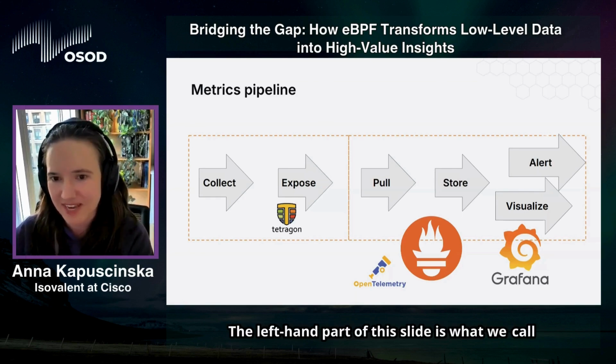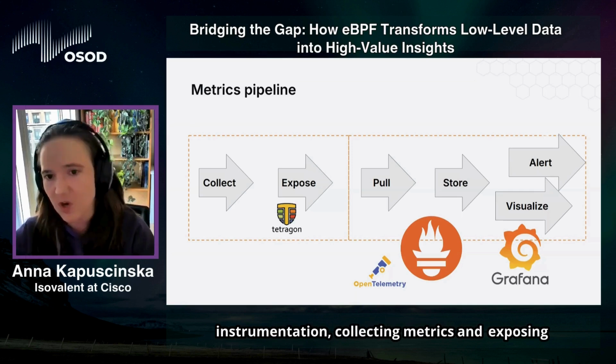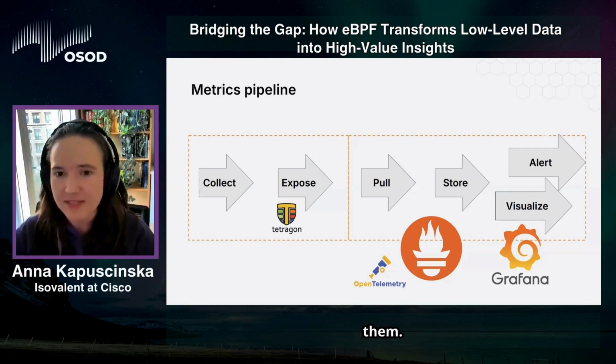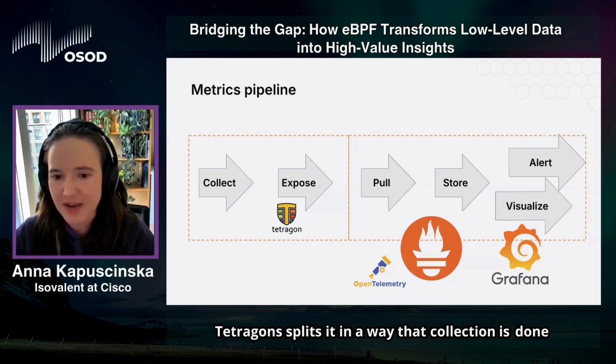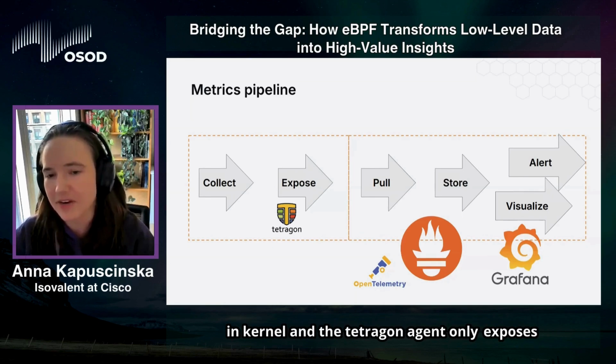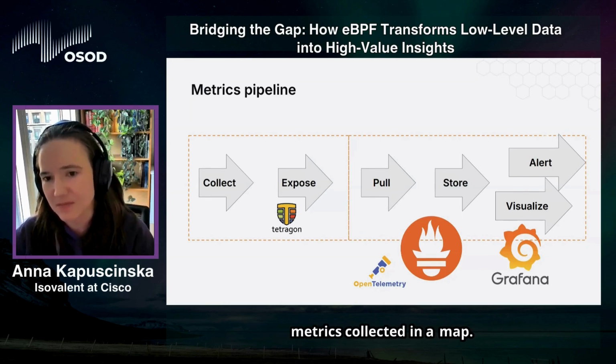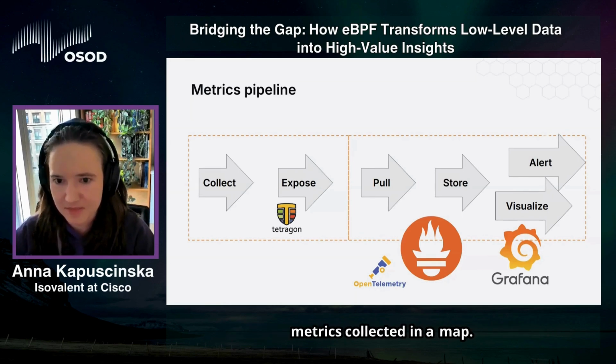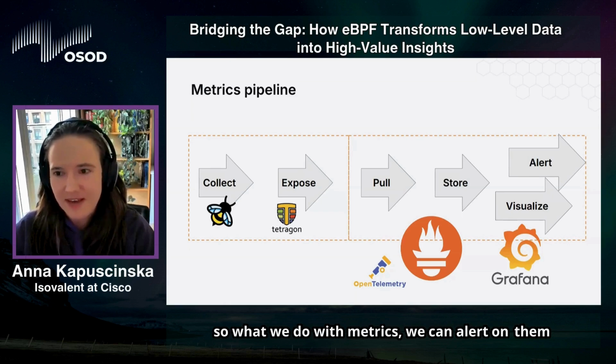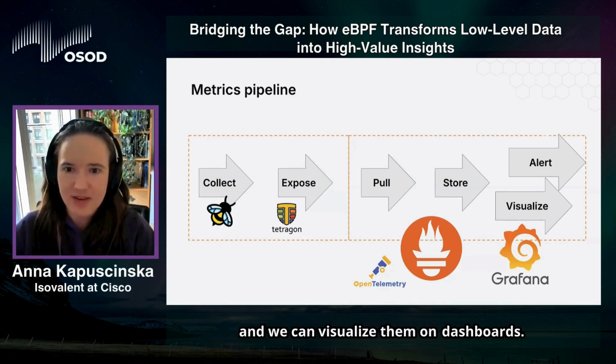The left-hand part of the slide is what we call instrumentation, collecting metrics and exposing them. Tetragon splits it in a way that collection is done in kernel and the Tetragon agent only exposes metrics collected in a map.